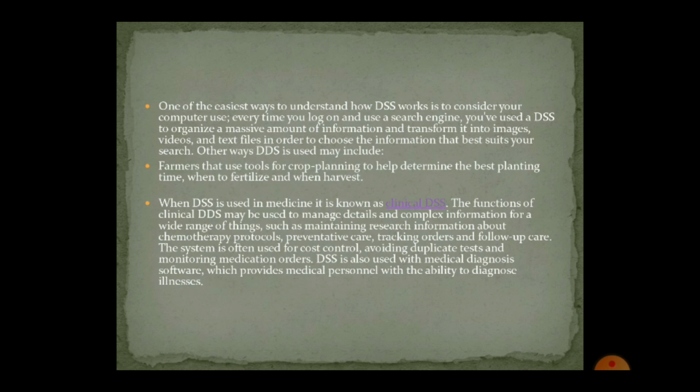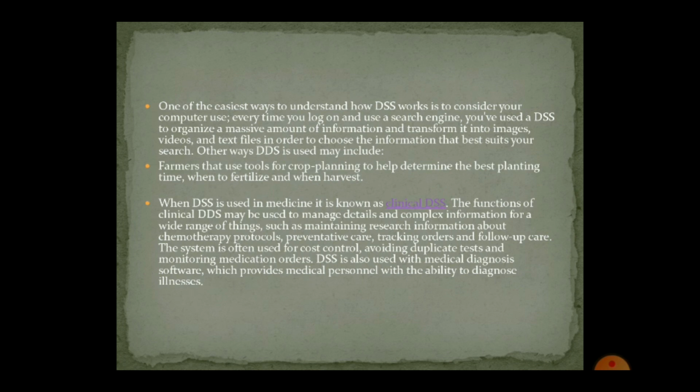farmers who use the tool of crop planning to help determine the best planting time, when to fertilize, and even harvest. When DSS is used in medicine, it is known as clinical DSS. The function of clinical DSS may be used to manage detailed and complex information for a wide range of things, such as maintaining research information about chemotherapy protocols, preventative care, tracking orders, and follow up care.